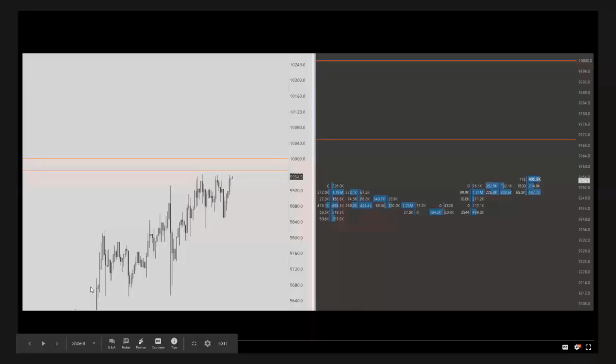So that's why I've got the 10K level marked out, because anyone with their stop above that 9,970 level will likely have just shifted it up a bit to keep it out of harm's way above 10K.